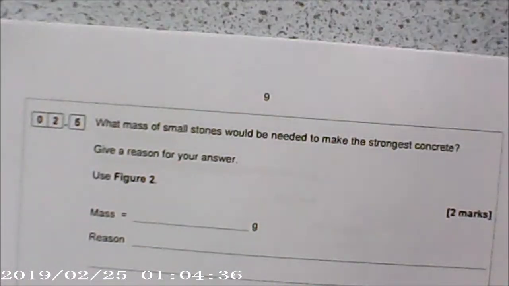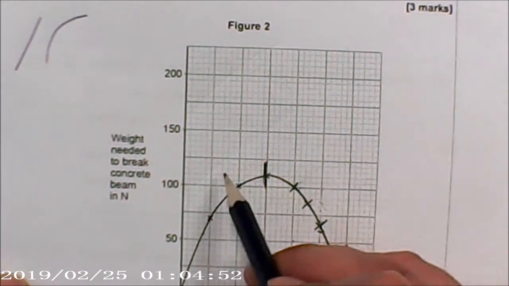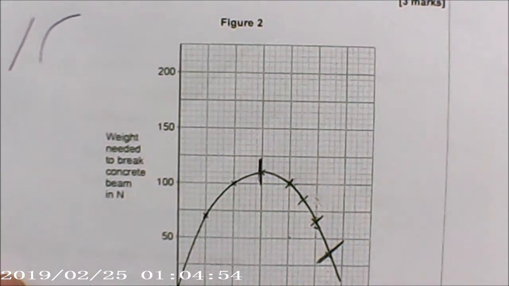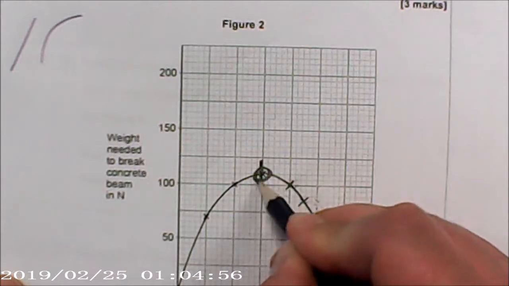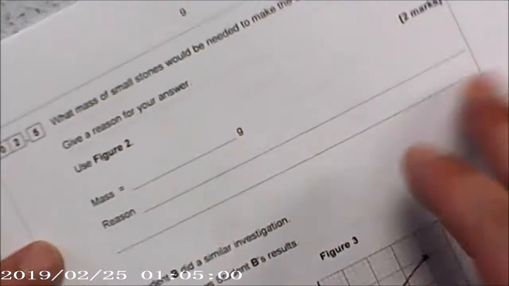Right, 2.5. What mass of small stones would be needed to make the strongest concrete? Give a reason for your answer. So we need to have a look at our graph. The one that can hold the most weight is going to be the strongest. So our strongest one is here, which was 1,500.